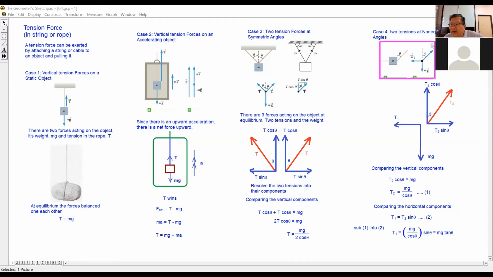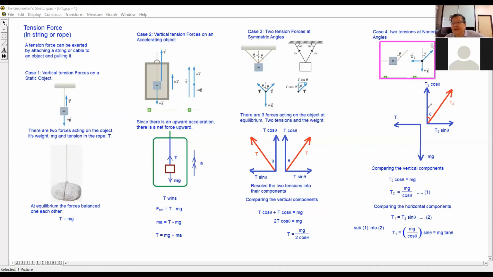One more time. The angle given here is the angle with the vertical. So when I resolve T2 into the two components, this angle is theta, and the vertical component is adjacent to the angle. So if it is adjacent to the angle, then this component is T2 cos theta.